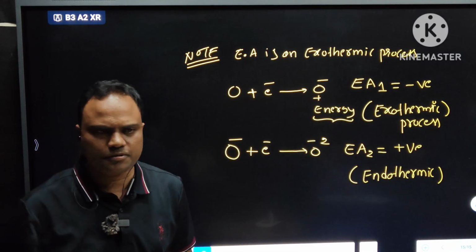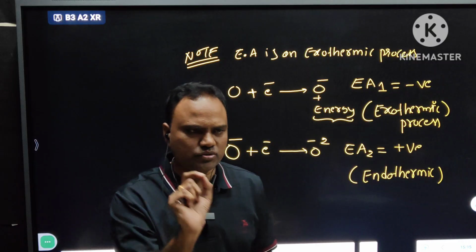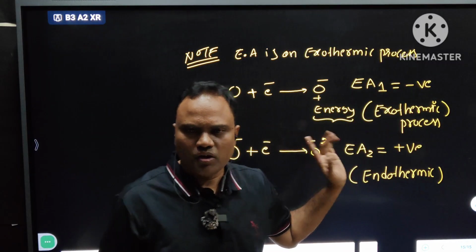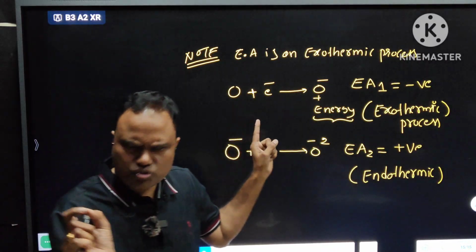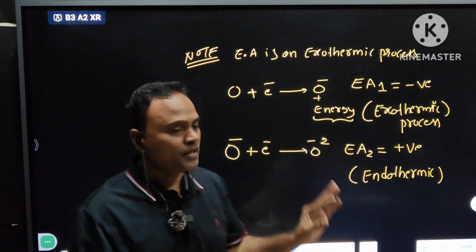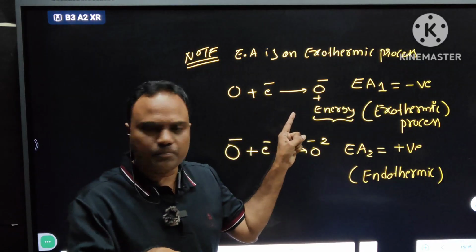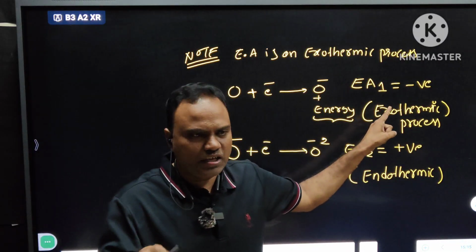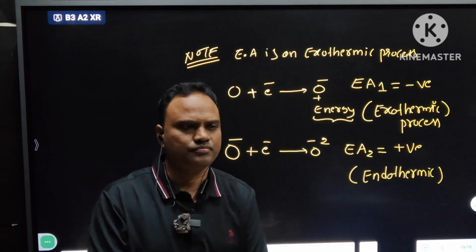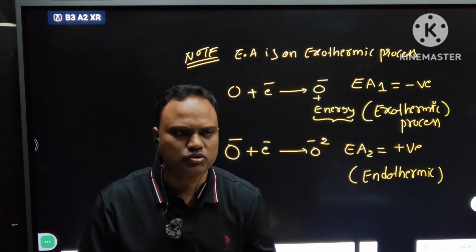I'll explain clearly. First of all, I'll give you the trick. First electron affinity: when you add an electron to a neutral atom, in 99% of cases, again we have exceptional cases, that is called EA1. That should be negative, exothermic, fix it in your minds.